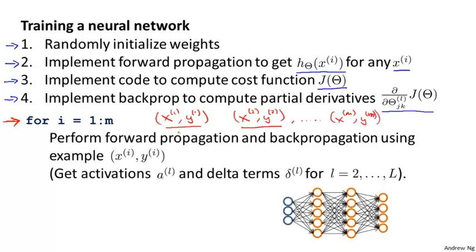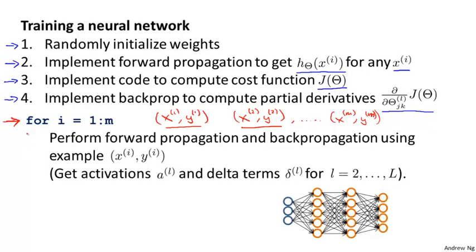So there should be a for loop in your implementation of backprop, at least the first time you're implementing it. And then there are, frankly, somewhat complicated ways to do this without a for loop, but I definitely do not recommend trying to do that much more complicated version the first time you're trying to implement backprop.